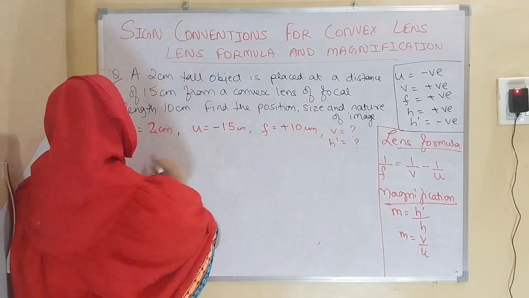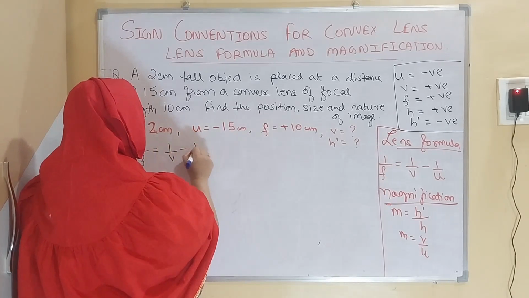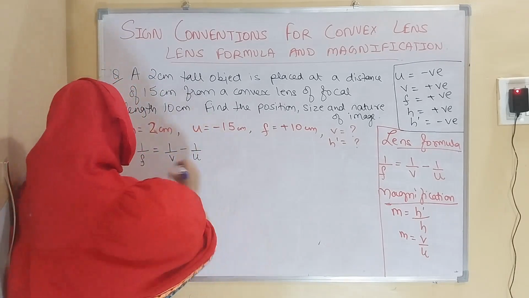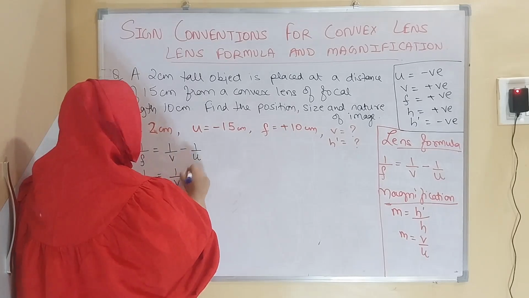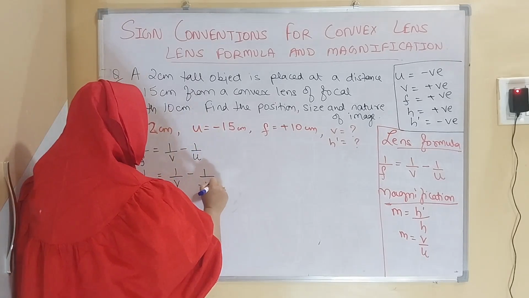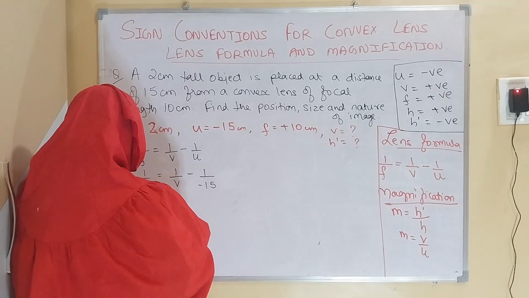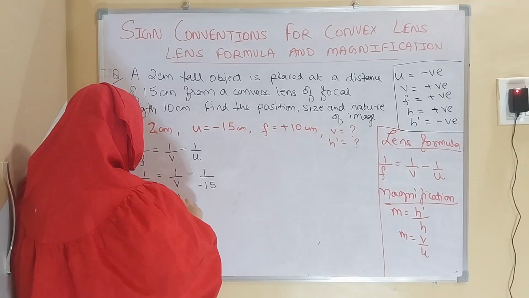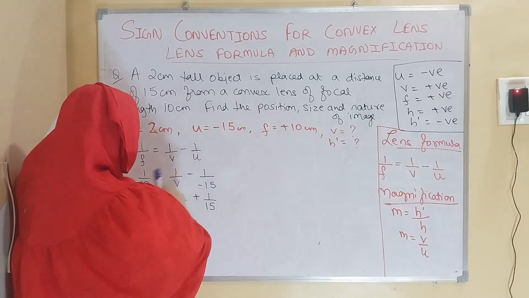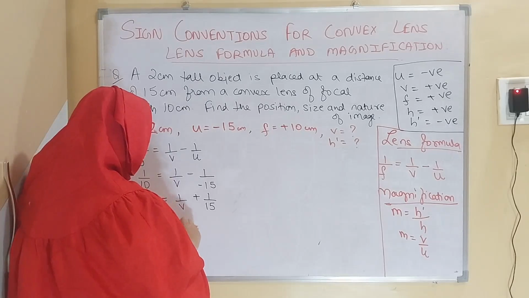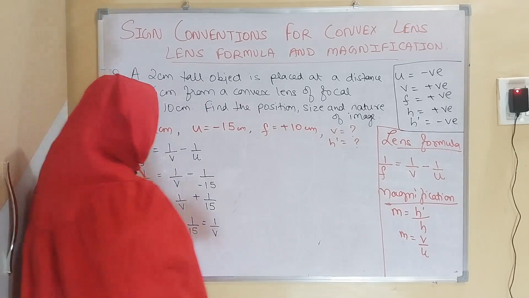Now, applying the lens formula, 1 upon f is equal to 1 upon v minus 1 upon u. 1 upon 10 is equal to 1 upon v minus 1 upon minus 15. So minus and minus plus, 1 upon 10 is equal to 1 upon v plus 1 upon 15. This 1 upon 15 goes there. 1/10 minus 1/15 is equal to 1/v.